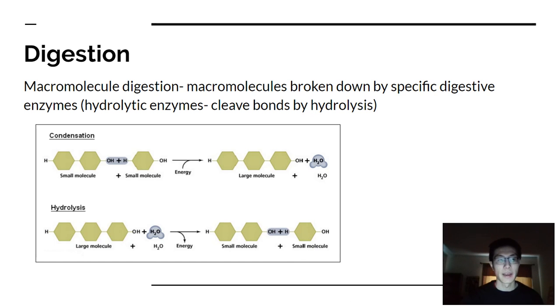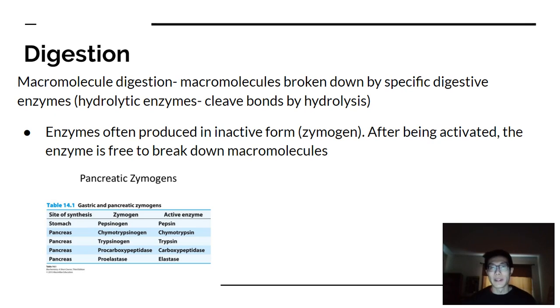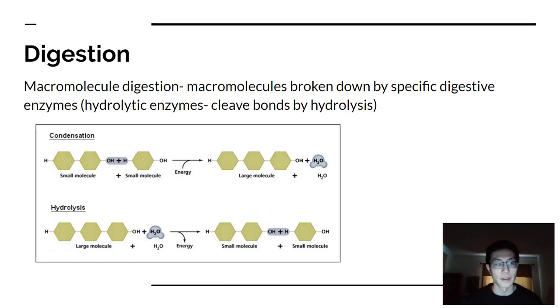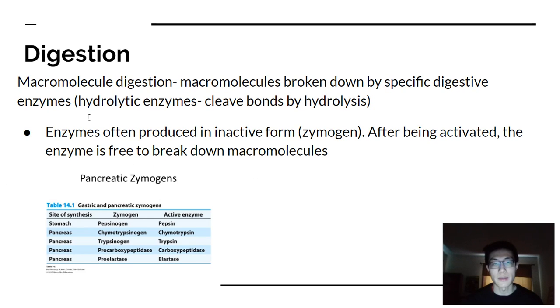So there's that. Now, what's really fascinating about digestion is that oftentimes these macromolecules are being broken down by very specific digestive enzymes, also known as hydrolytic enzymes, because obviously they cleave bonds by hydrolysis, as shown over here. Now, these enzymes are very interesting because they're often produced in an inactive form called a zymogen.